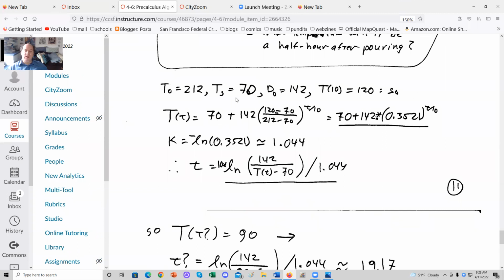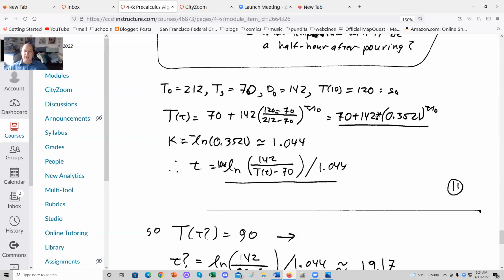T of T equals 70, the surrounding temperature, plus 142, the difference, times, here it gets a little complicated, 120 minus 70, T at 10 minus T S, over T naught minus T S, 212 minus 70, all to the power of T over 10. And all right, so you get approximately 70 plus 142 times 0.3521 to the T over 10.